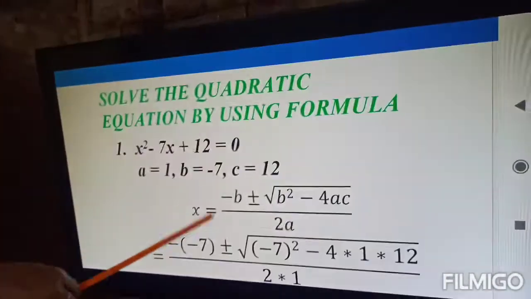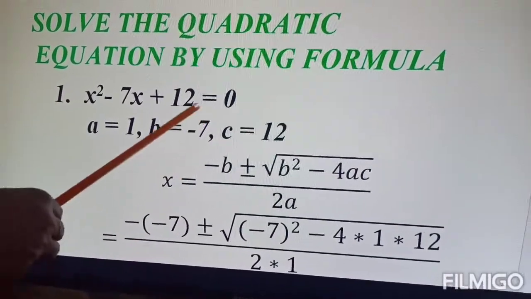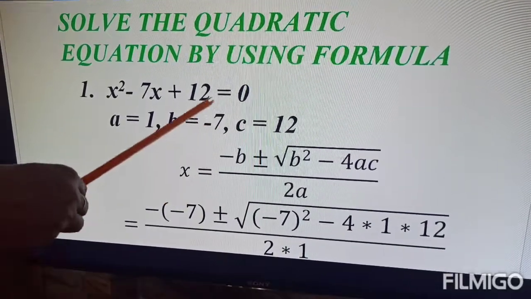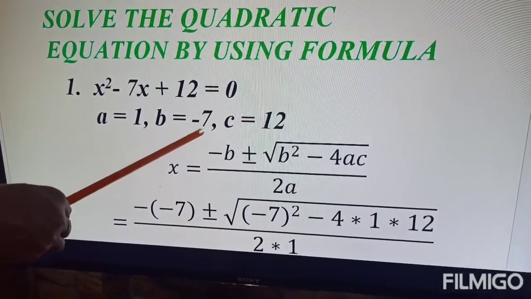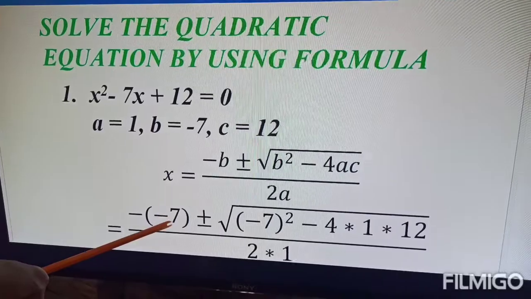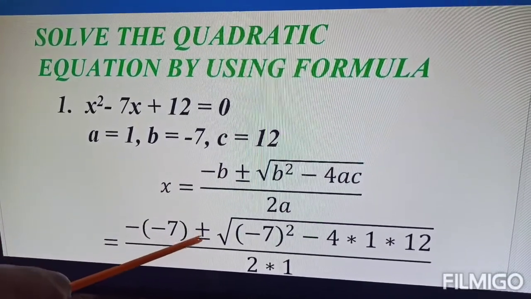Okay. See here. Here b is replaced by minus 7. Minus is there in the formula. Then the b value from this equation is minus 7. Therefore, we have to keep double minus. Minus of minus 7 plus or minus, as in the formula, we write as it is.